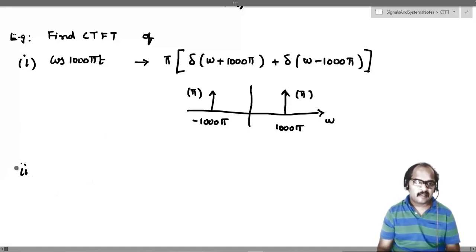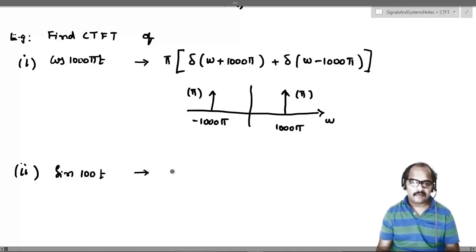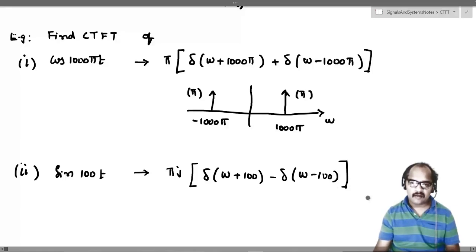As another example, we'll find the Fourier transform of, let us say, sine 100 t. What will be its Fourier transform? Just now we have seen it is pi j multiplied with delta of omega plus omega naught, which is 100, minus delta of omega minus omega naught, which is again 100.